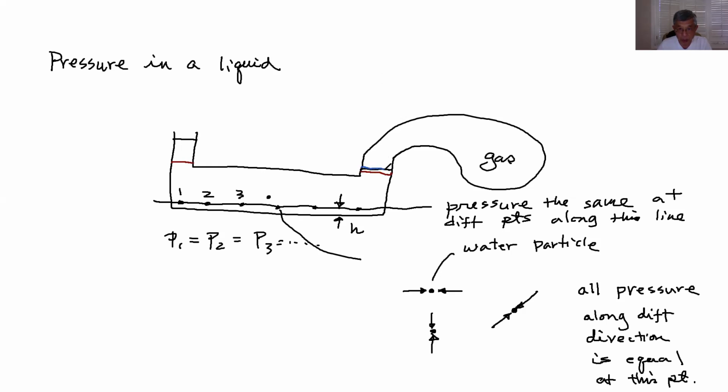This one here will be the same as this one there. So let's call this one here P prime, and let's call this one here P double prime. So we know P prime is equal to P double prime, okay?